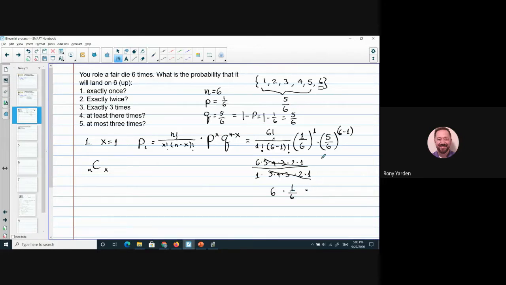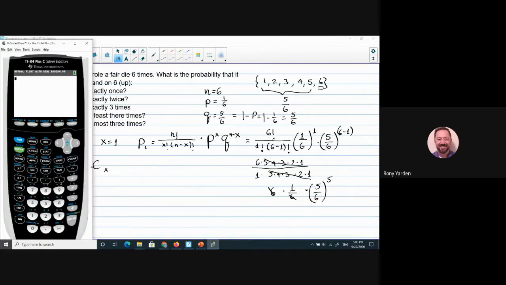So we're going to continue to this part, 5 over 6 to the power of 5. Basically, all we have to calculate is this part, because these 6 and these 6 cancel out, and we're left with 5 over 6 to the power of 5. So now I'm going to use the calculator. You can use either a scientific or graphing calculator. I'm going to demonstrate on the TI-84, but I believe that every TI, older or newer, has the same options.